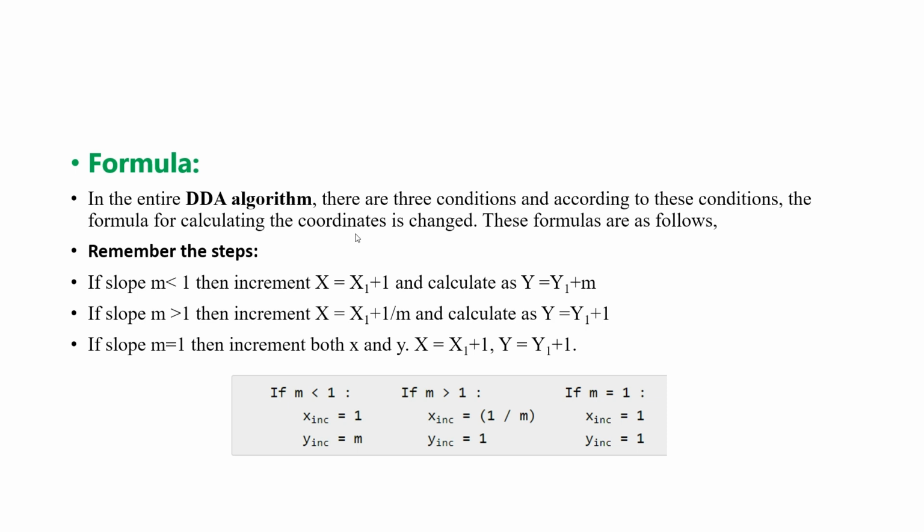When the slope value m is greater than 1, we increment y by y1 plus 1, and x is x1 plus 1 by m. When the slope value m equals 1, we increment both x and y: x equals x plus 1, y equals y plus 1. Here, 1 means the iteration process.